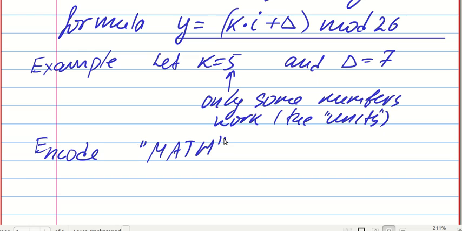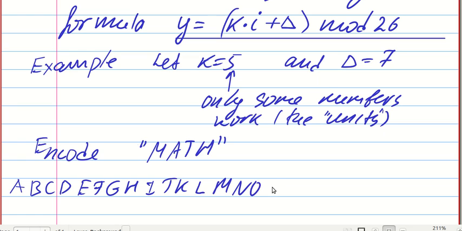And like always, we need an alphabet, so we build it up. So we build the alphabet.